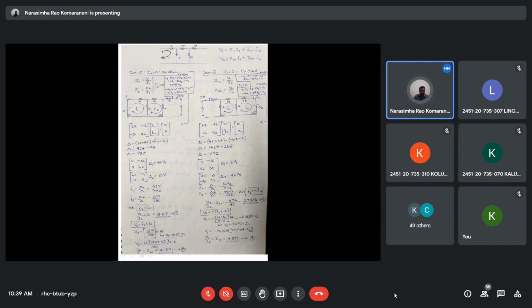This is one loop, this is one loop, this is another loop. This is I2, I1. As it is a lengthy problem, I will explain it. For these Z parameters, the equations are given as follows.